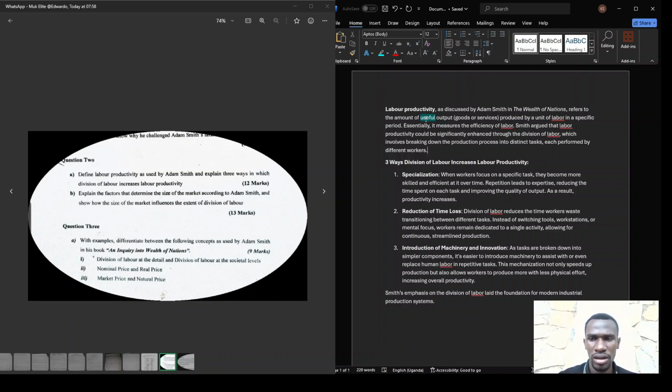So according to Adam Smith, it is better to have one person focus and concentrate on one task than a person doing a lot of different tasks in order to accomplish, let's say, a given task. Throughout the examples, we will try to narrow it down to a school system.